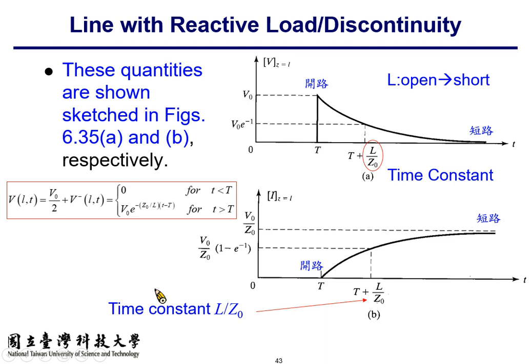Okay, so the top right is the time domain voltage variation on the inductor. So before capital T, there's nothing appearing in the inductor, so the voltage is 0. And when the V plus signal arrives, which is V sub 0 over 2, it sets up a reflecting signal of V minus, which is V sub 0 over 2 as well, at t equals to capital T. So the sum of the V plus and V minus signal shall be V sub 0.